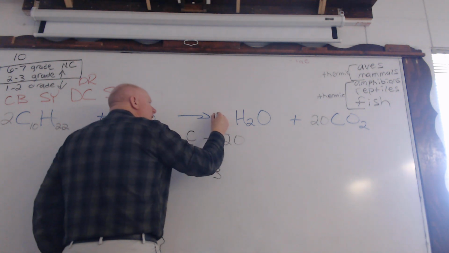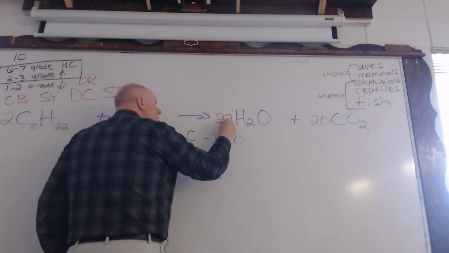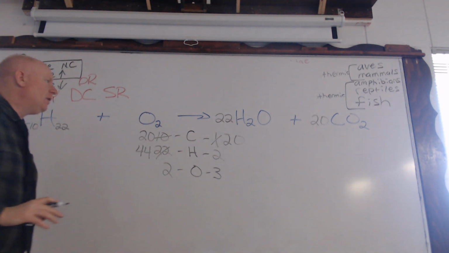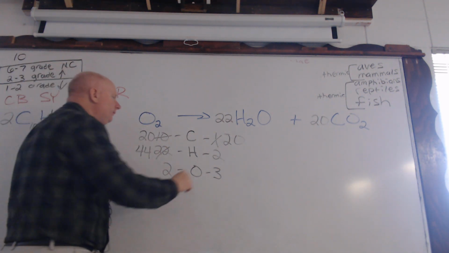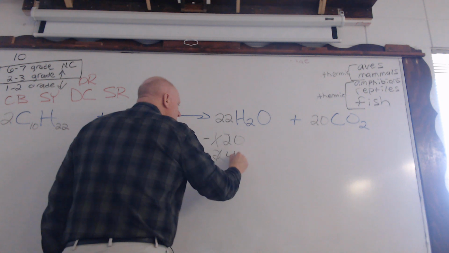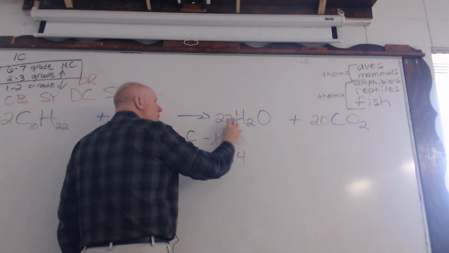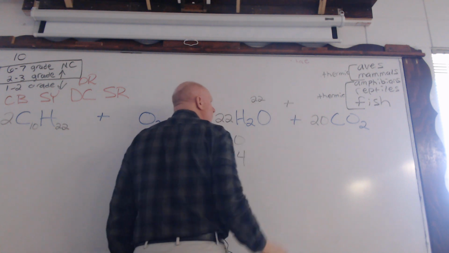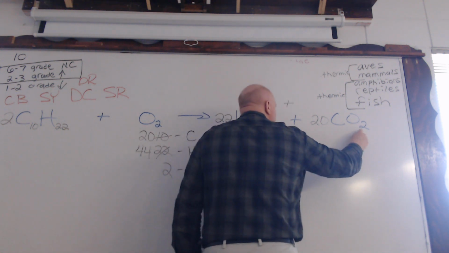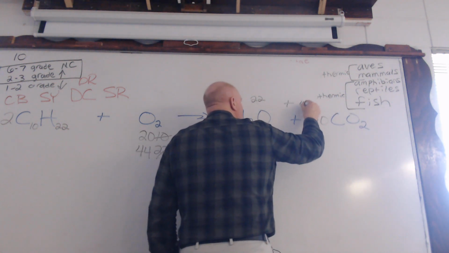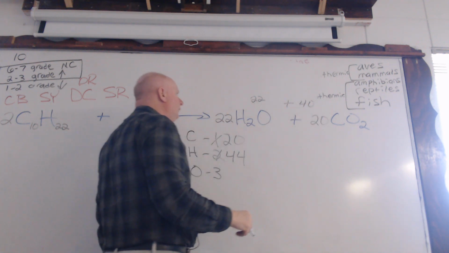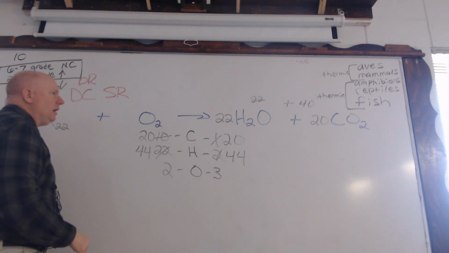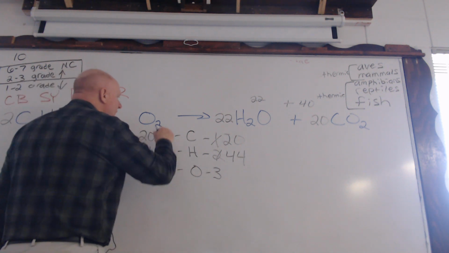Okay, and this is why, just worry about your hydrogens next. So 22 times 2. Okay, and then 22 times 1. Plus sign in between these. 20 times 2. 40 plus 22. So therefore, 62 divided by 2 is what?